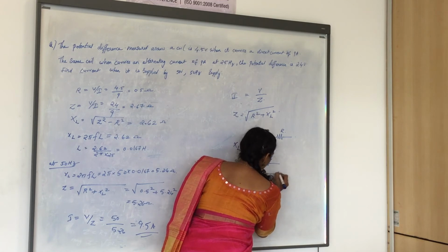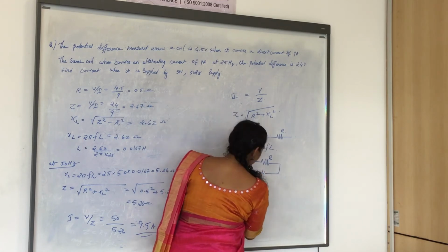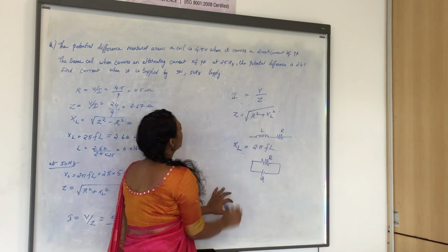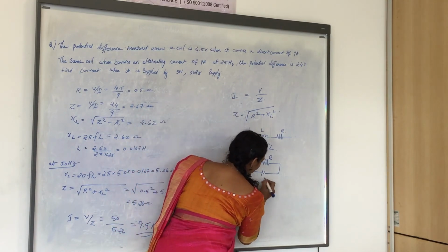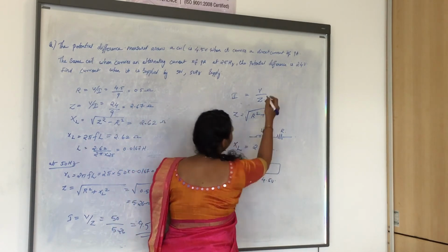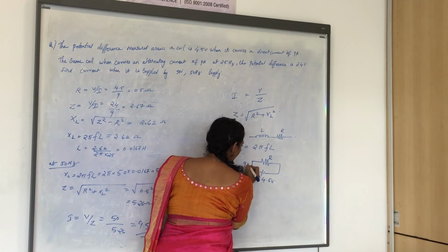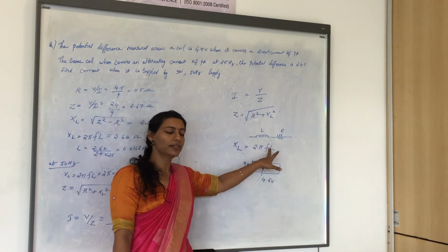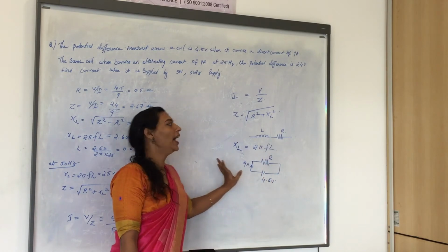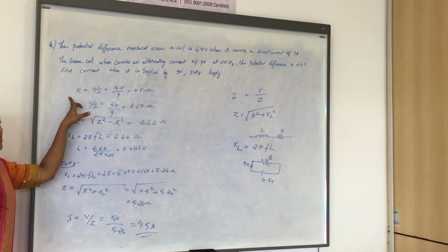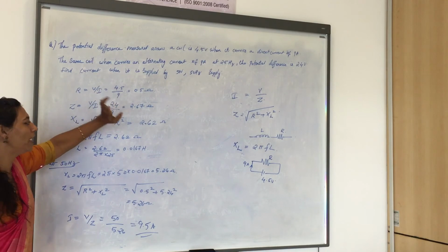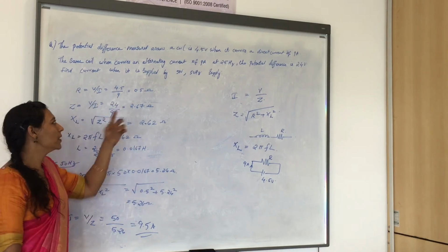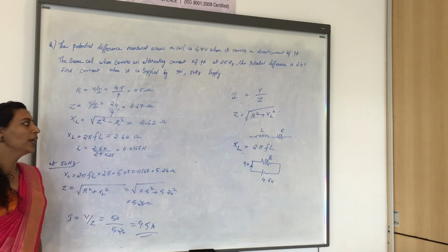When it is connected to DC, the voltage across it is 4.5 volt and current is 9 ampere. So from this we can calculate resistance as V by I. Therefore, the value of resistance is V by I, 4.5 divided by 9, which is equal to 0.5.